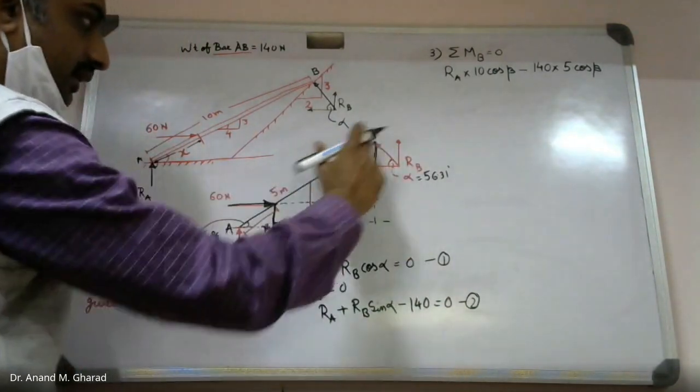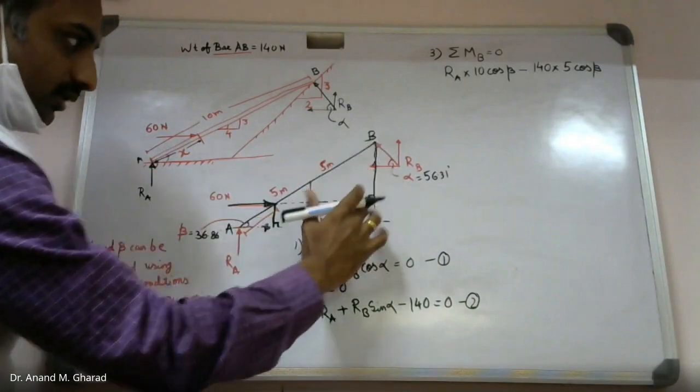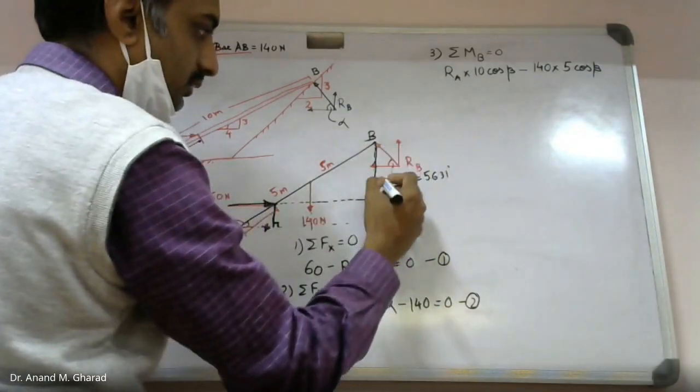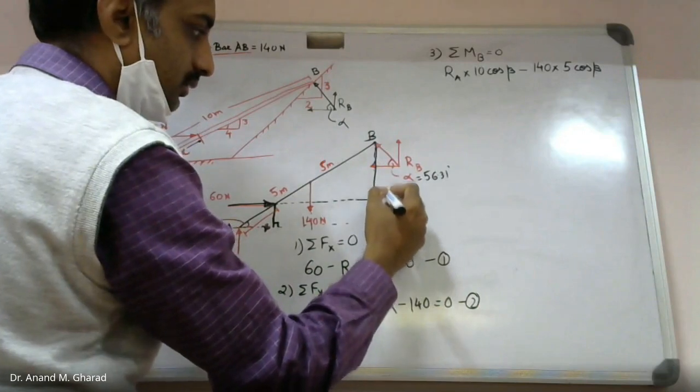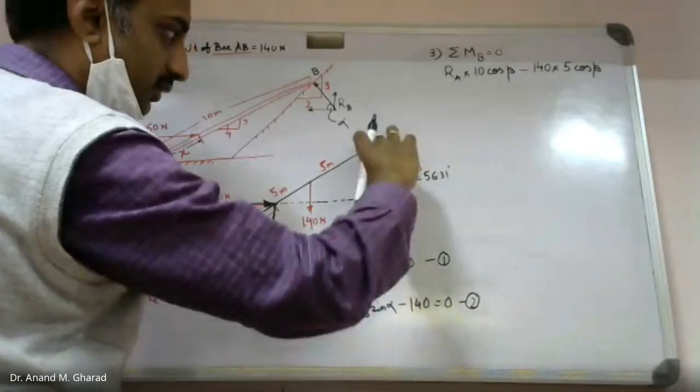See, the complete length is 10 meter. So the y value is now going to be closer to 0. That is 0.06, this complete distance, isn't it? But what I'm asking is this much.